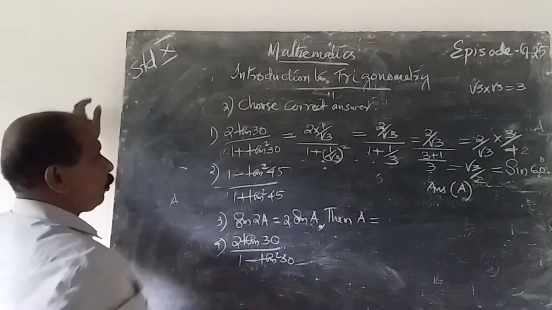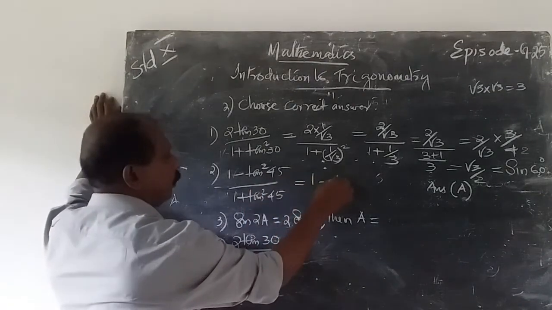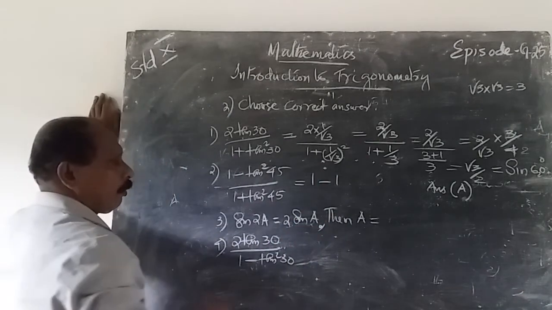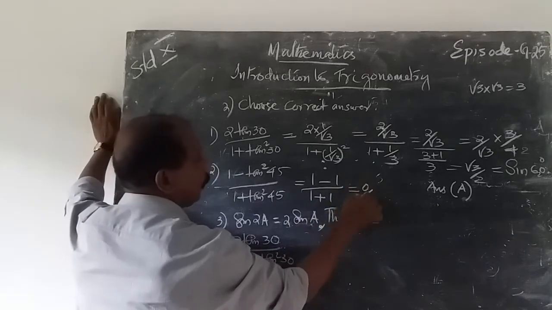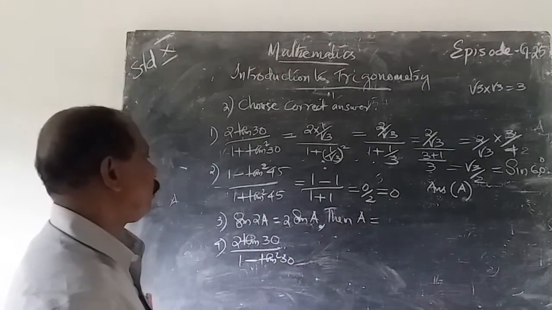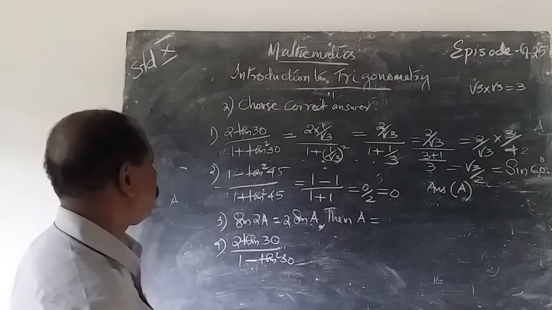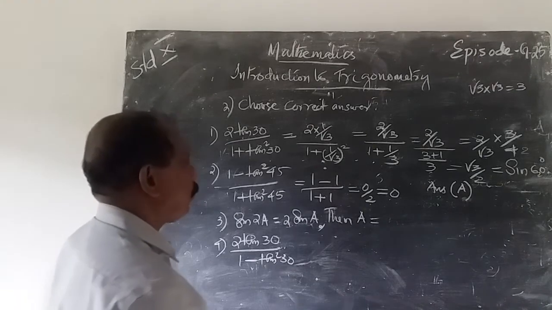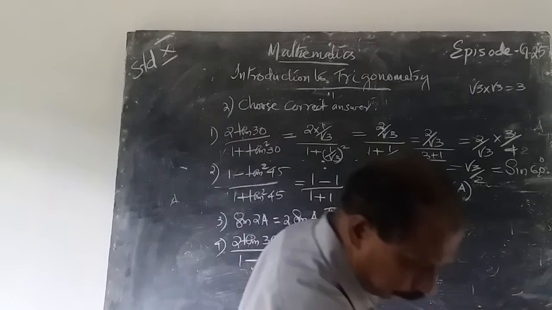Then for the second question, that is 1 minus tan 45, 1, by 1 plus tan 45, 1, that is 0 by 2 is equal to 0. That is cos 90, which is 0.